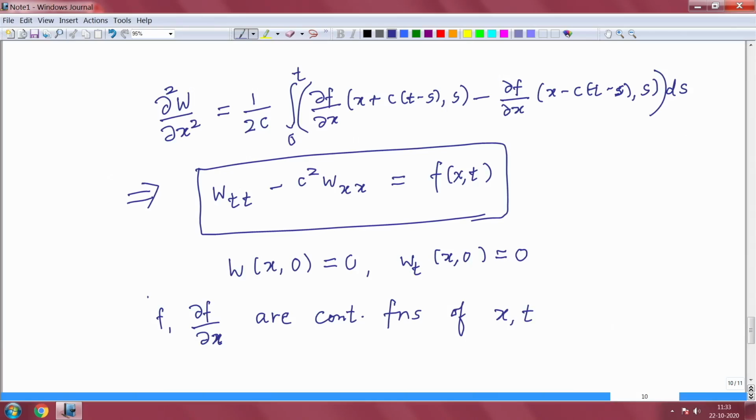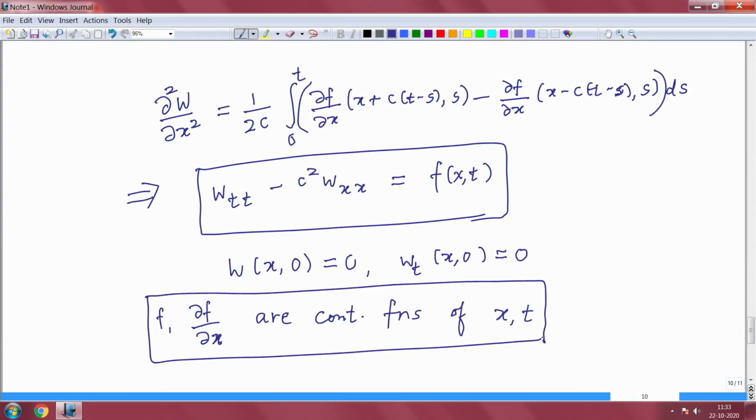So this is the hypothesis on f. With this hypothesis, we can write down the solution of the inhomogeneous problem. So this is the thing finally we would like to do.